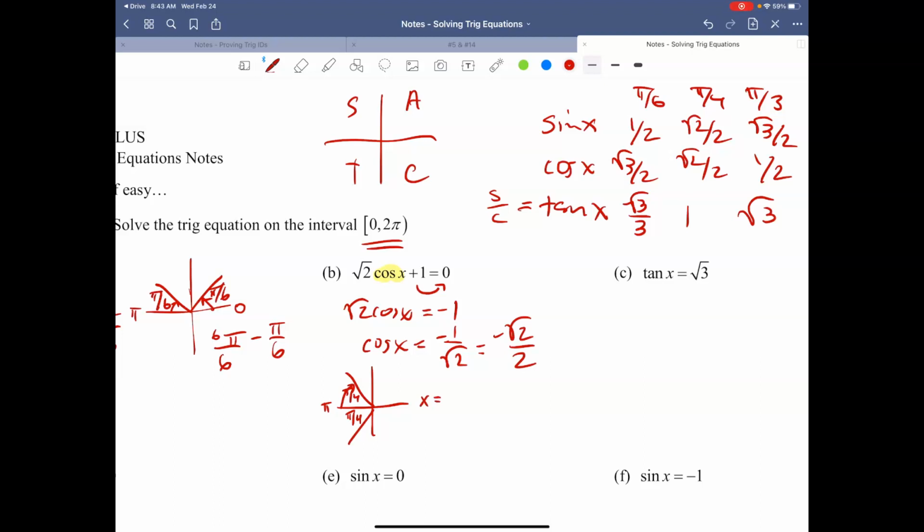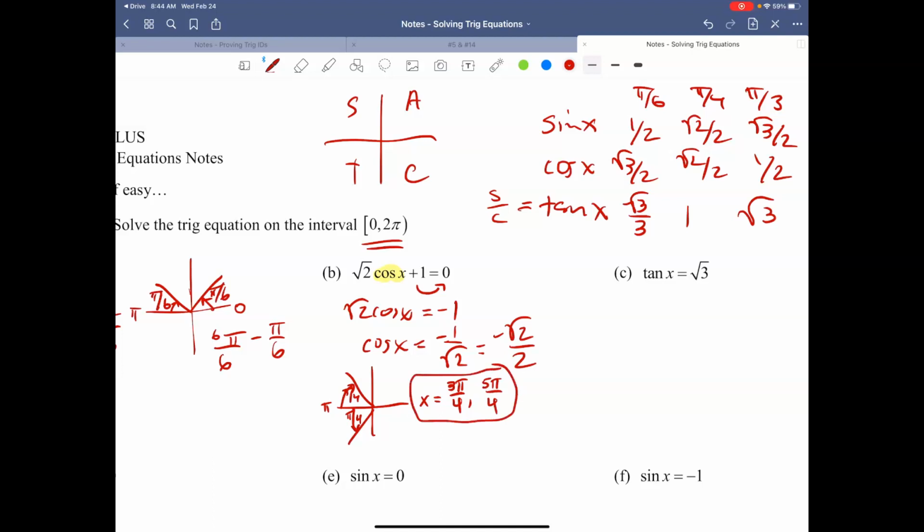So, pi minus 1/4 of a pi is going to give us 3/4 of a pi, or 3 pi over 4. Then, for quadrant 3, we're going to go from pi and add pi over 4, and so pi plus pi over 4, or pi plus 1/4 of a pi, is going to give us 5 pi divided by 4.